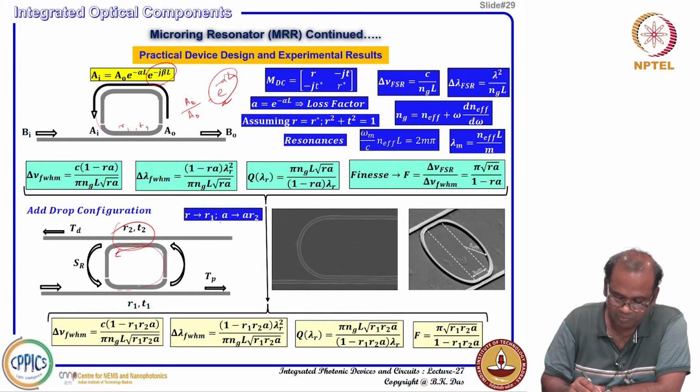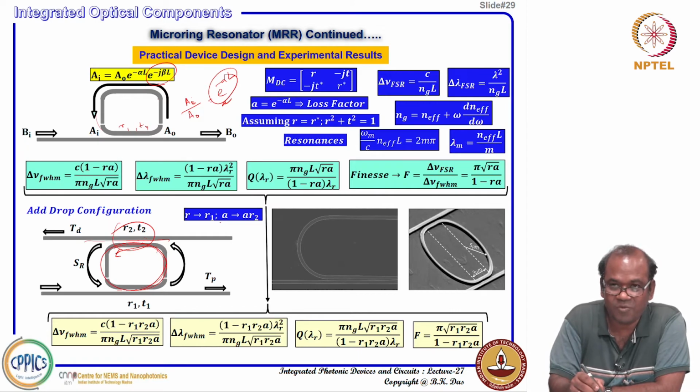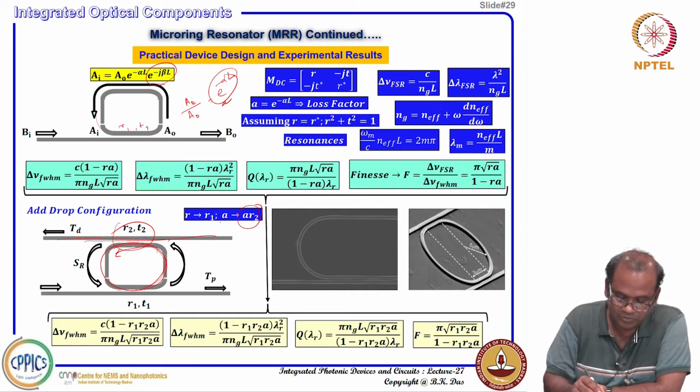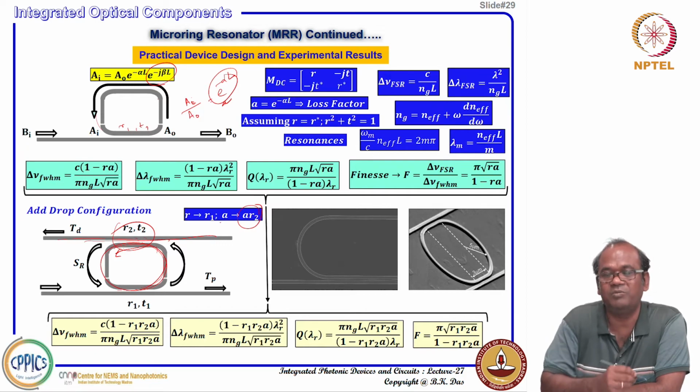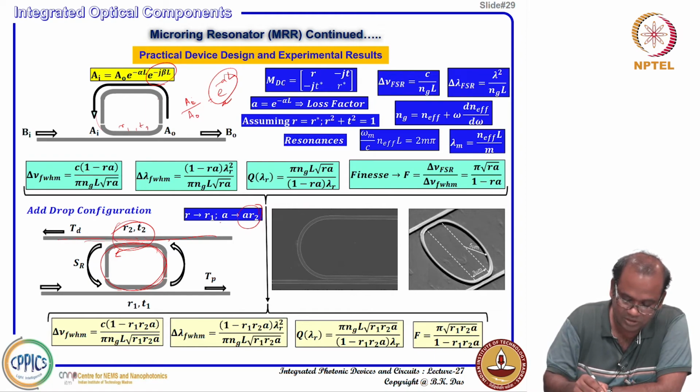That means you used to get A, now instead of A you will be getting AR2, because you have another coupler. Your loss factor is not A anymore, your loss factor is converted into AR2 because of the presence of the second waveguide. R2 is the portion coming back, that means maybe 90% is coming back, 10% may be going there, it can happen. So, earlier I was getting 99%, now not 99%, I am losing something here.